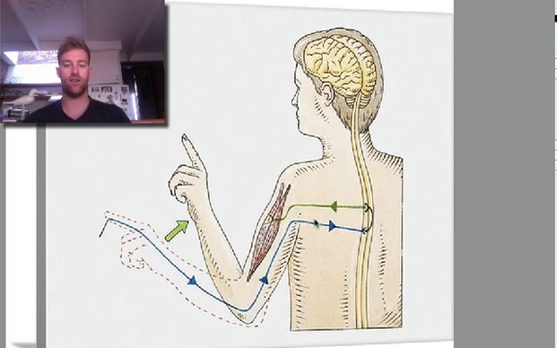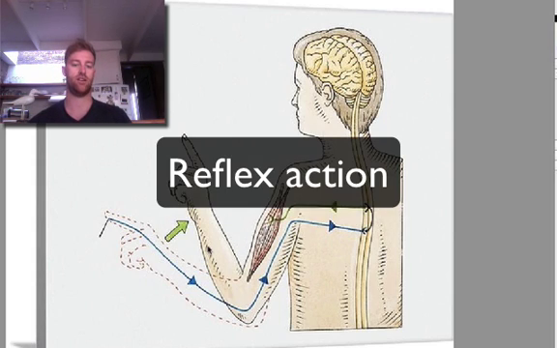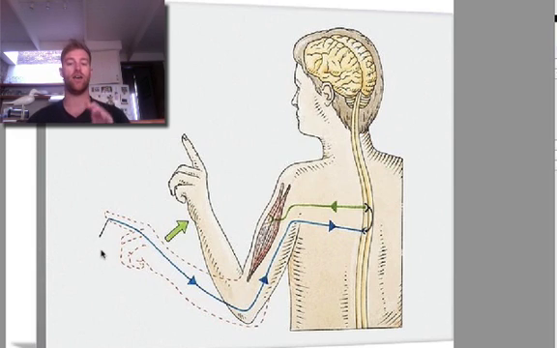Now, what you also have here is a little diagram of a reflex action. Because the brain and the spinal cord are still connected, and the spinal cord has some ability to make very quick decisions. So for example, let's think about this. I'm going to draw a really bad fire.